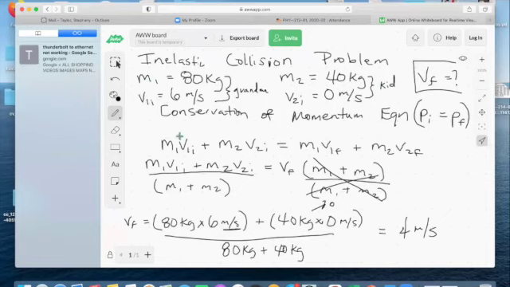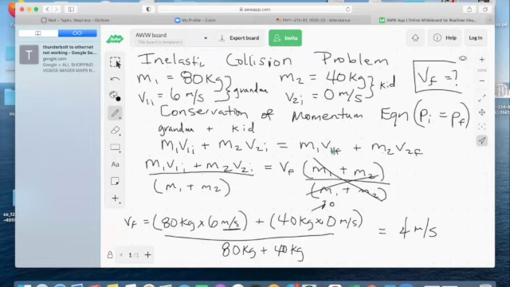All right, so we added the grandma information, so grandma plus the kid. And this is initially before the collision.